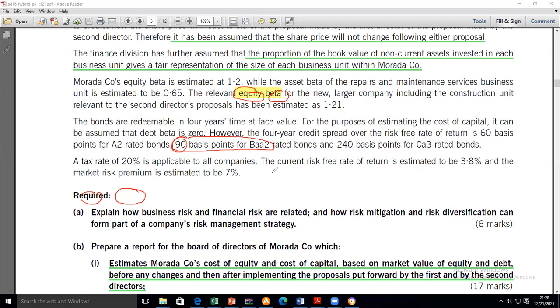In terms of the percentage, remember 90 basis points is 0.9%. That's 0.9%. So with that in mind now, let us come back and conclude for today.